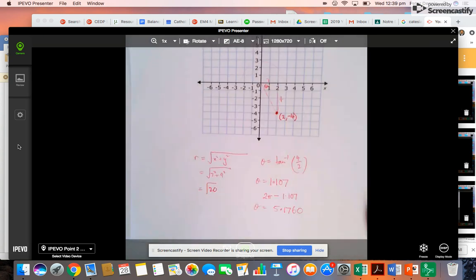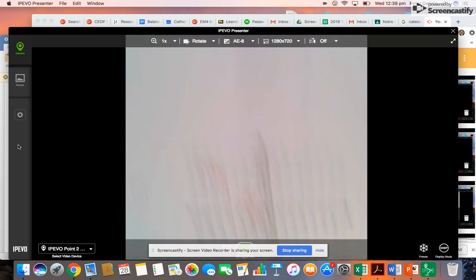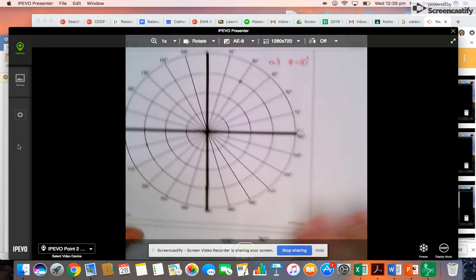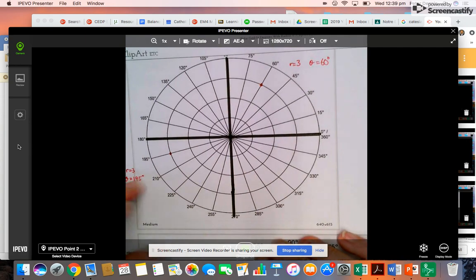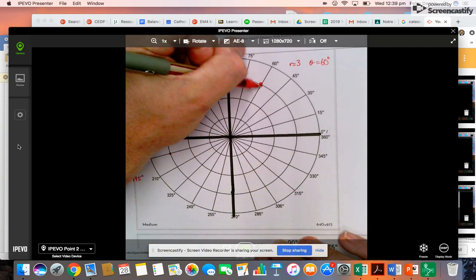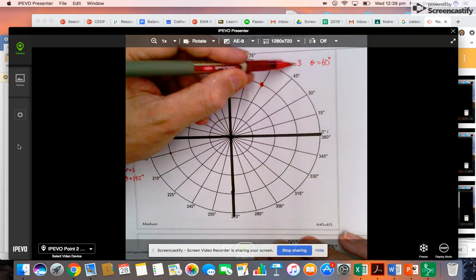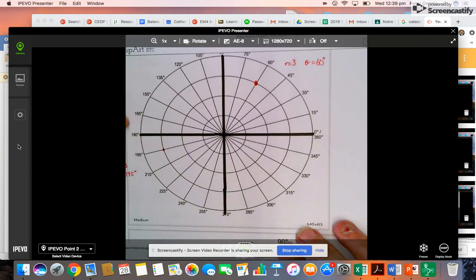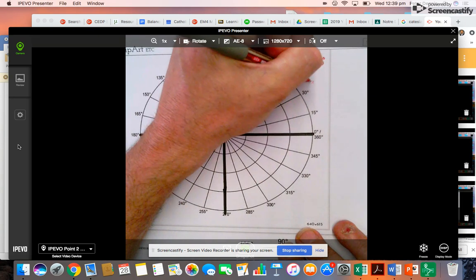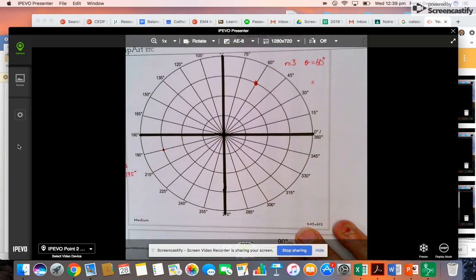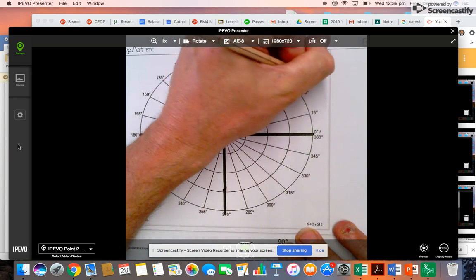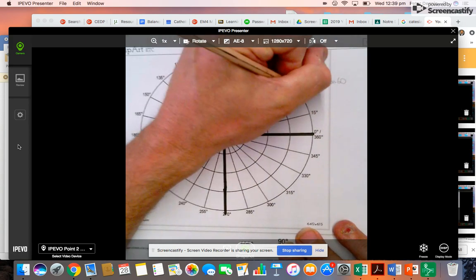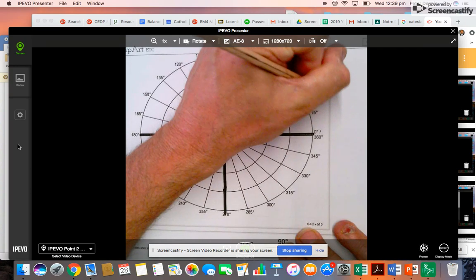If we want to go the other way, and we've got these, and we said that this point here would be r, and r equals 3 and theta equals 60. Well, that means the x value is just going to be 3 cos 60, and the y value is going to be 3 sine 60.